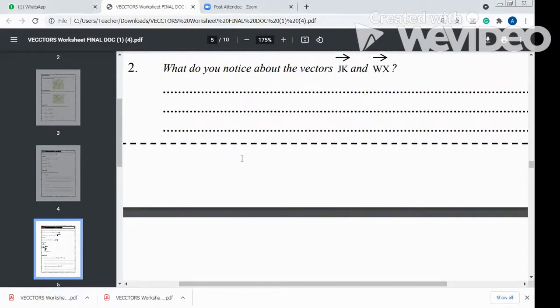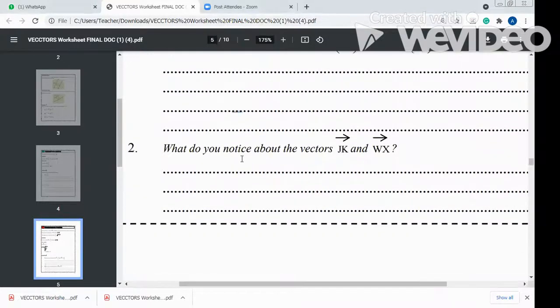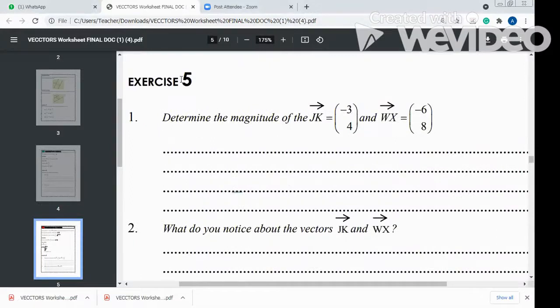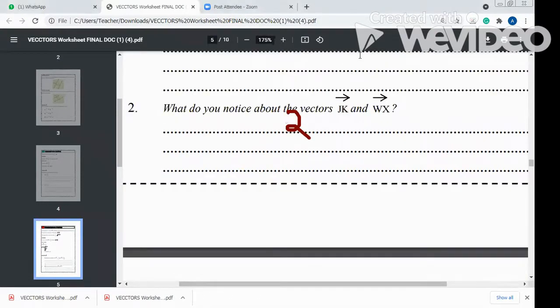Right. So it says, what do you notice about JK and double X? Well, just by looking at it, we see that if you multiply JK by 2, we get double X. So that's the answer. They're parallel, aren't they? Because one is a scalar multiple of the other vector.